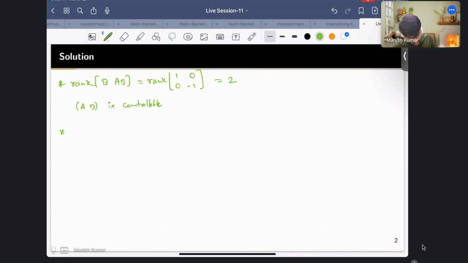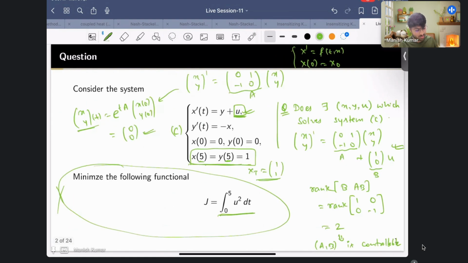Now the question is: find the control U such that the norm of U in L2(0, T) is minimum. Over here T is equal to 5, so the final time we have already given.